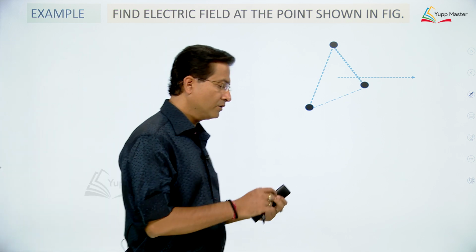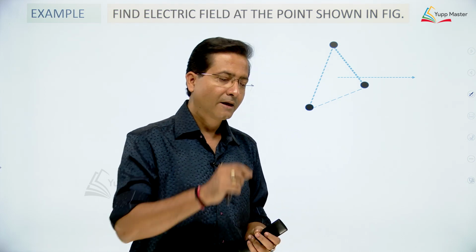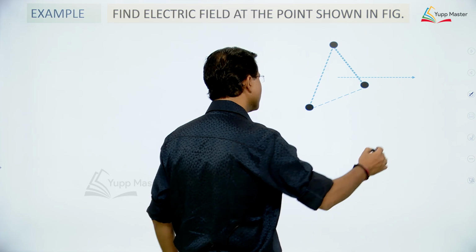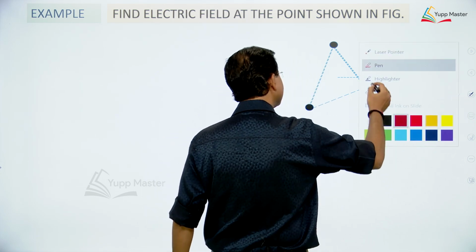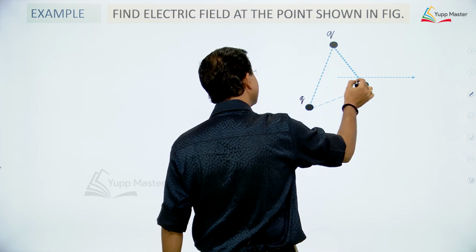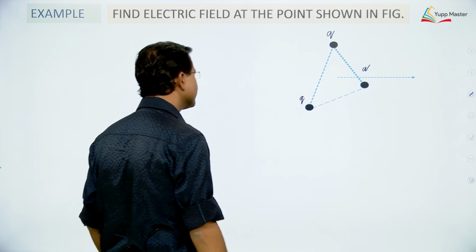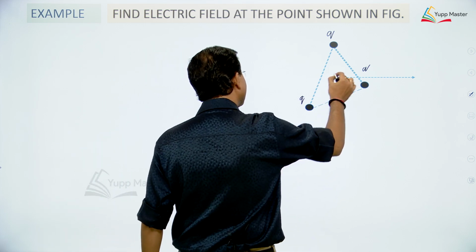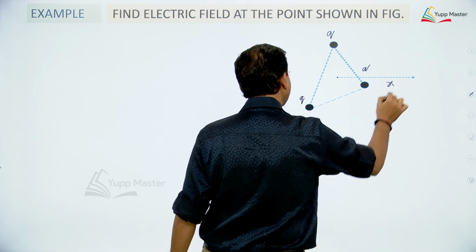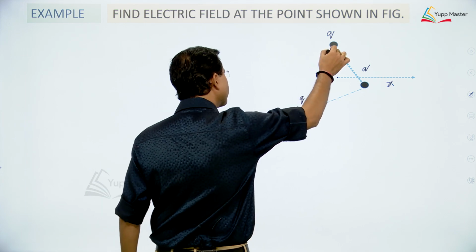So, instead of a ring where charge was continuously distributed, if I take 3 particles, say Q, Q and this one Q, and from the center I take this distance x and let this distance be r.